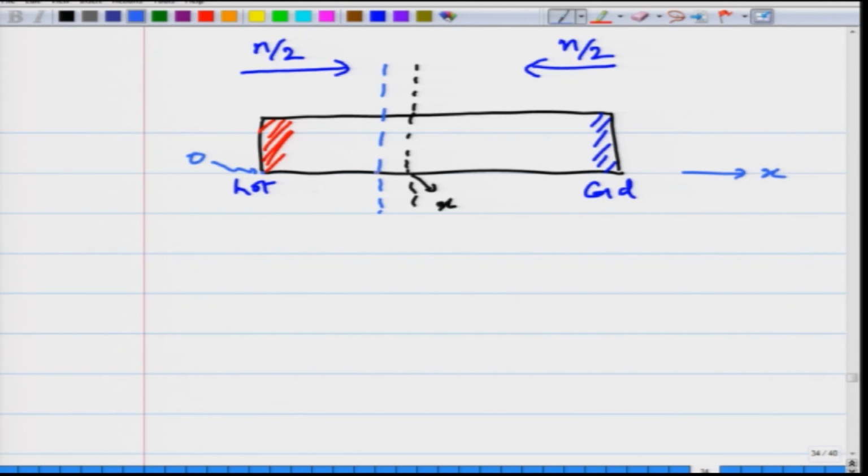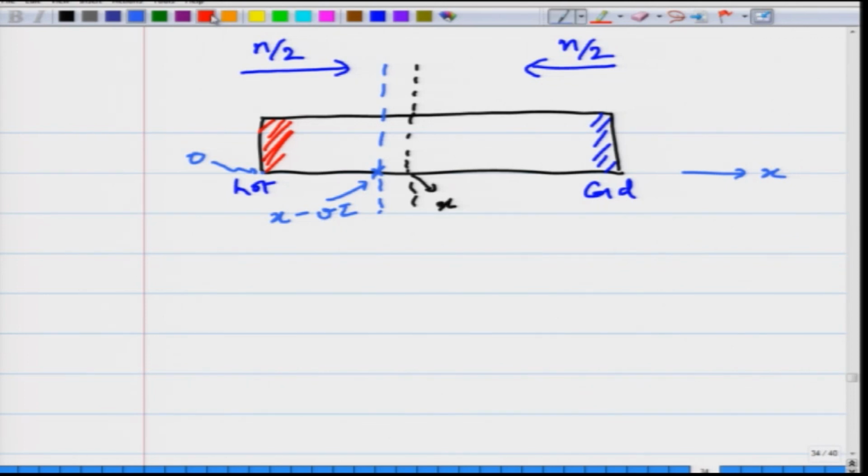Let us consider a point which is marked here. This point let us consider at x minus v times tau, where v is the mean velocity of the electrons and tau is the scattering time. Let us consider this point which is at a distance x minus v times tau.